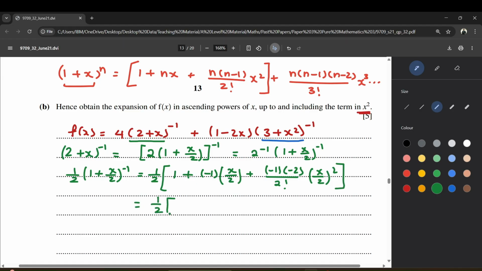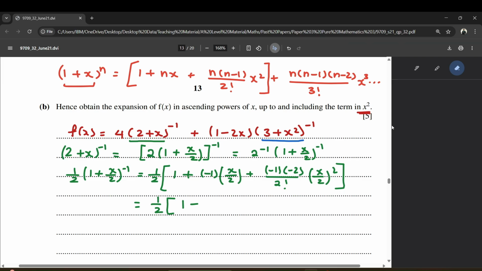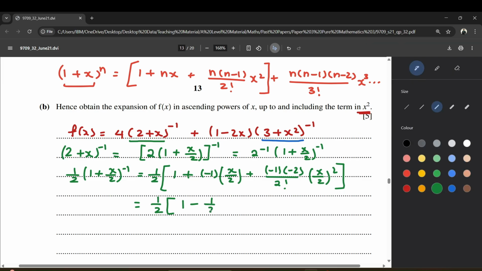1 upon 2 times 1 minus, or maybe we can write it in this form, 1 minus half x plus, now minus 1 minus 2, that is 2, and 2 factorial is also 2, so this will cancel out. Then we are left with 1 upon 4 x square.